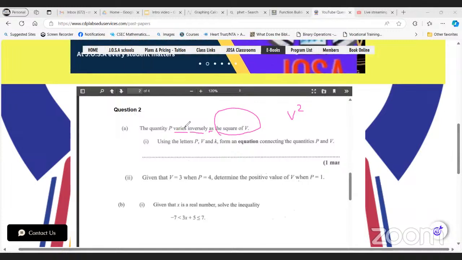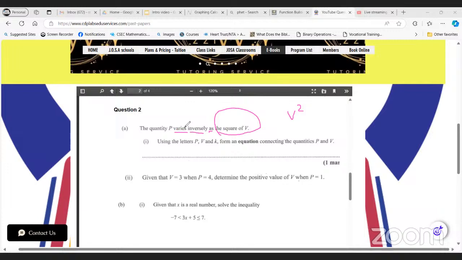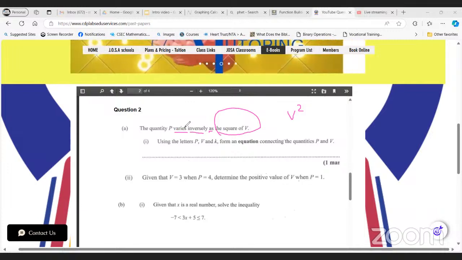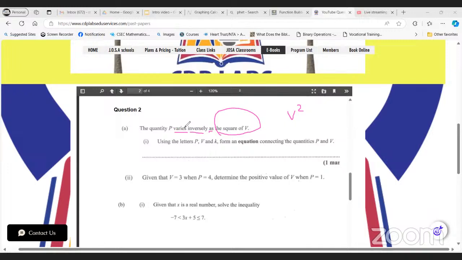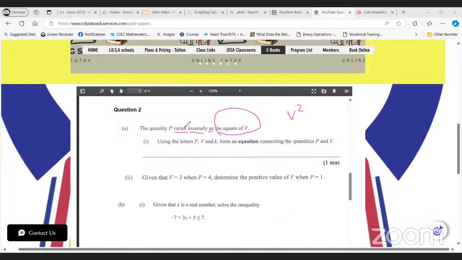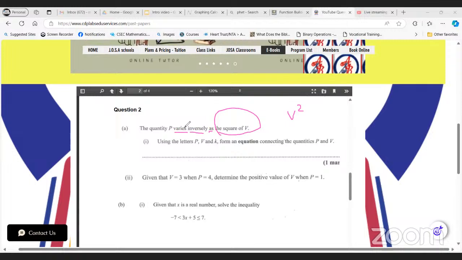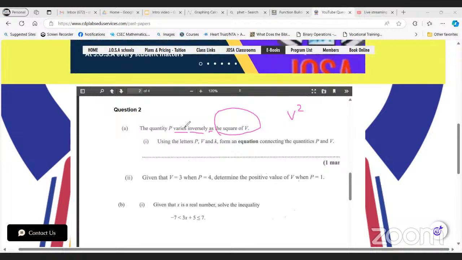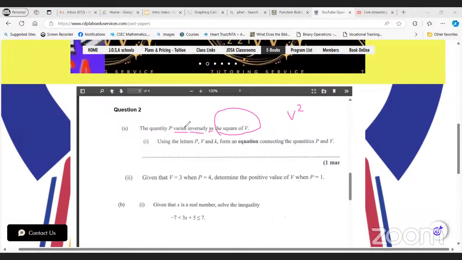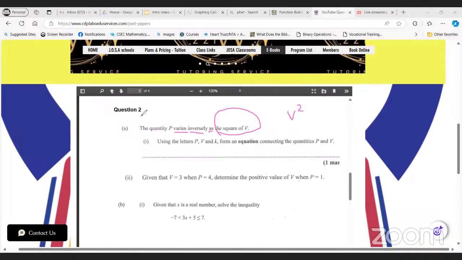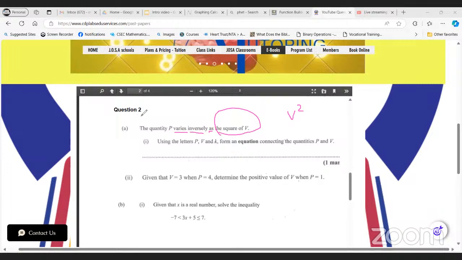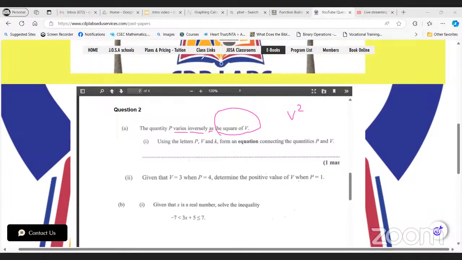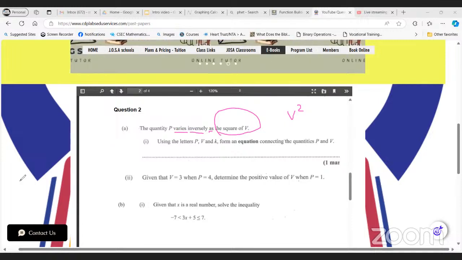And vice versa, resulting in a constant product between the two variables. I don't want to mix up varies directly with varies inversely, as they are two different ones. Now, I'm going to show you the formula or format for varies inversely.